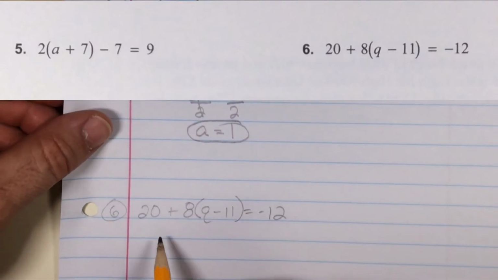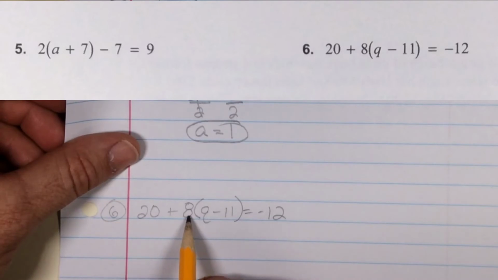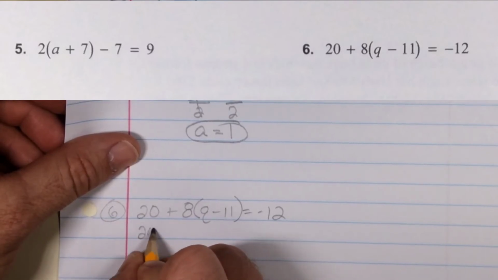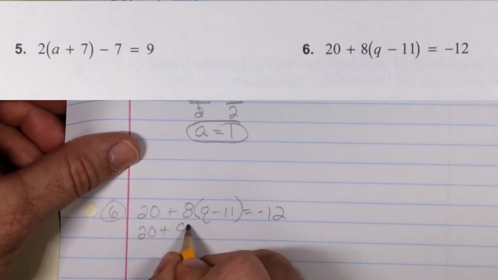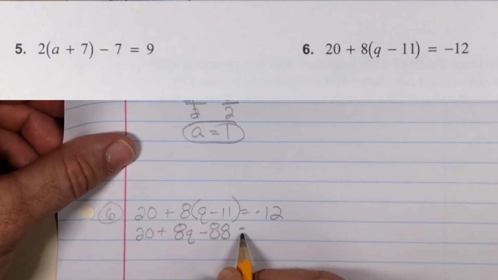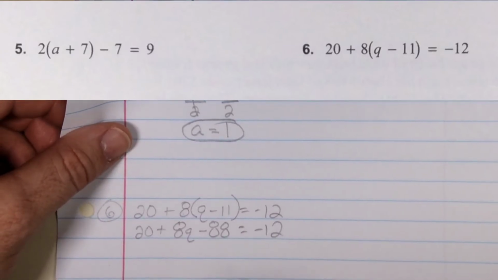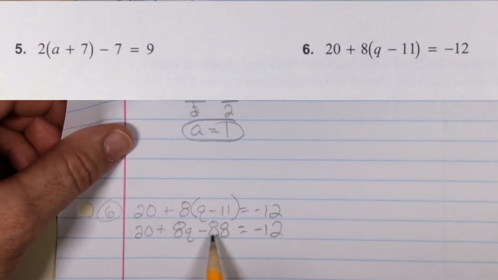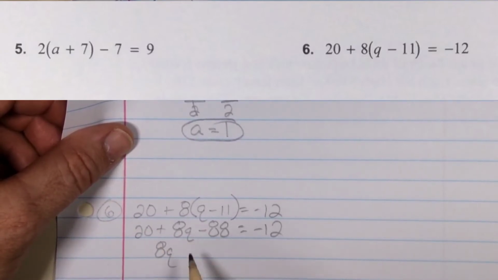For number 6, we'll do the distributive property again. So 20 plus 8 times q is 8q. 8 times negative 11 is negative 88 equals negative 12. I can combine like terms over here. 8q, a positive 20 and a negative 88 gives me a negative 68 equals negative 12.